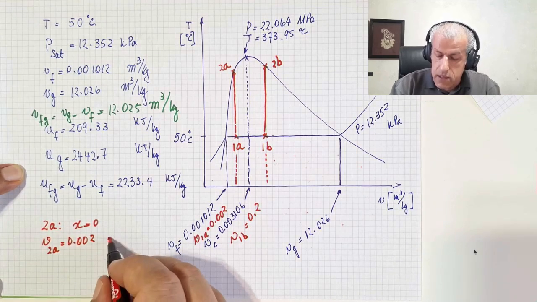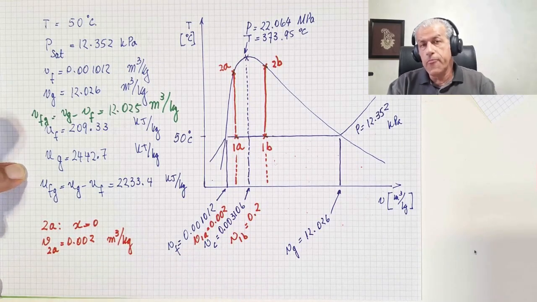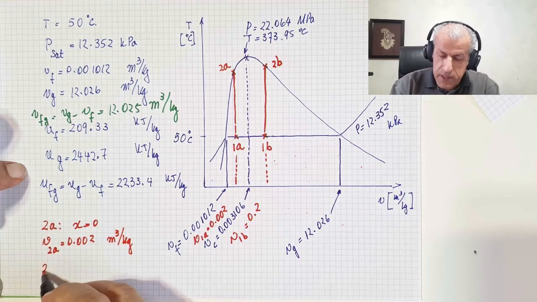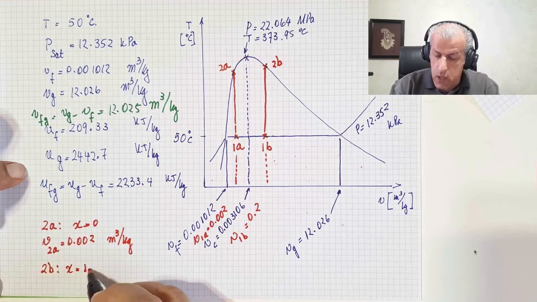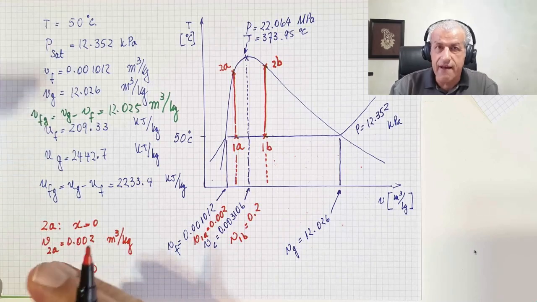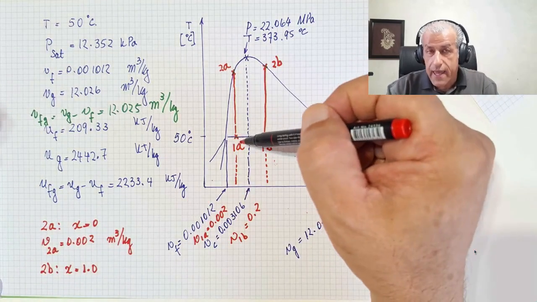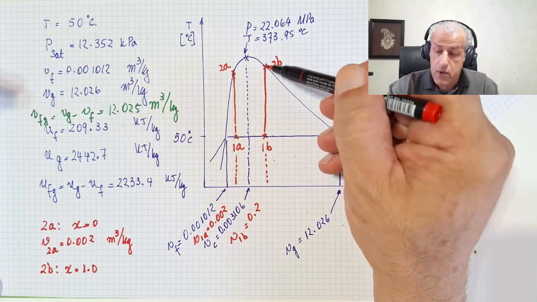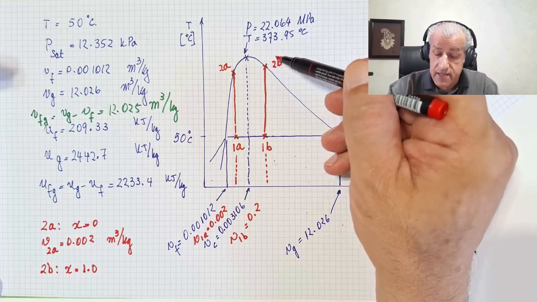These are two properties that we know for point 2A. For point 2B, we know that x equals 1, since the problem told us that we heat it so that either we have liquid or vapor. In case A, we end up with liquid; in case B, we end up with point 2B as vapor.